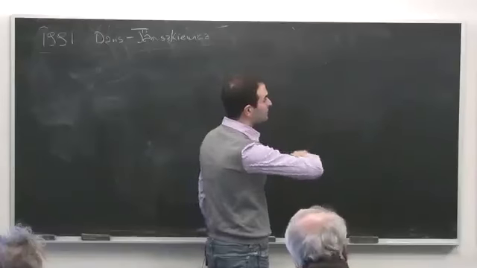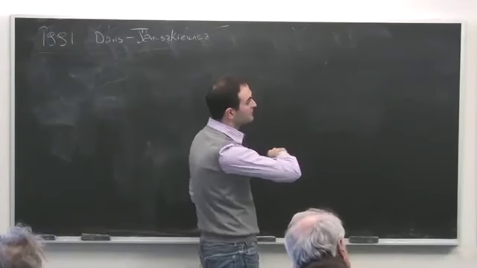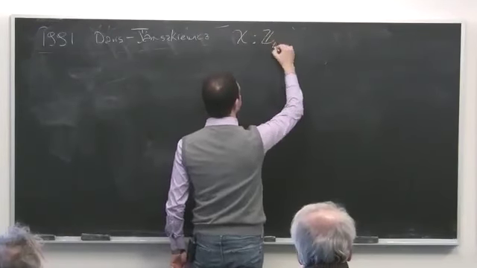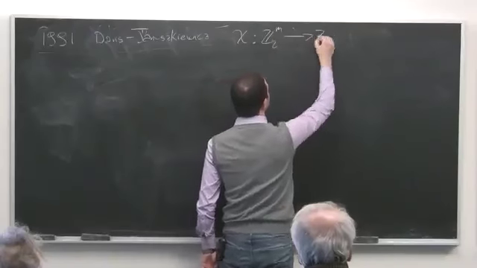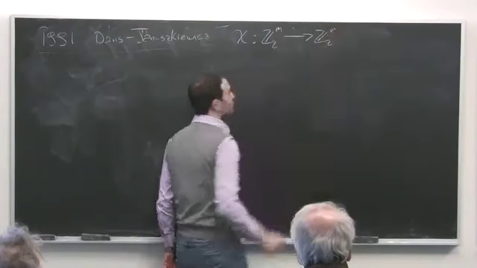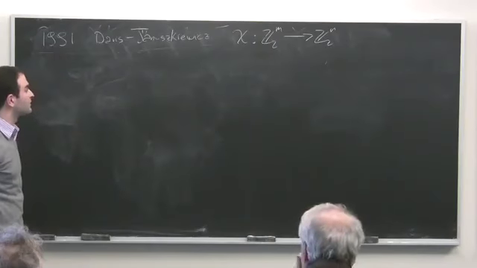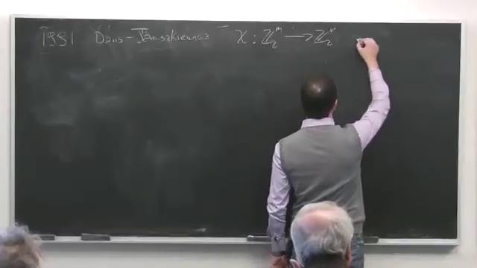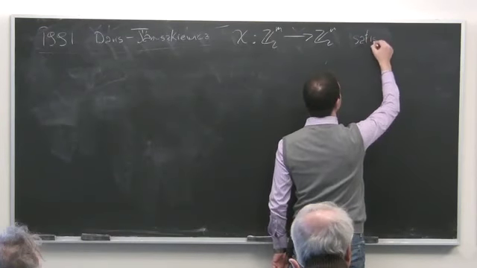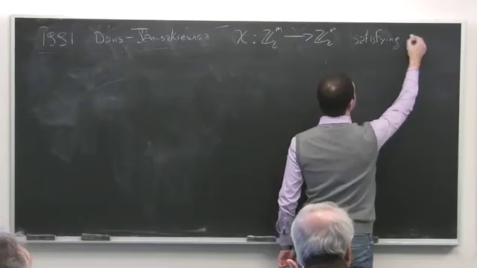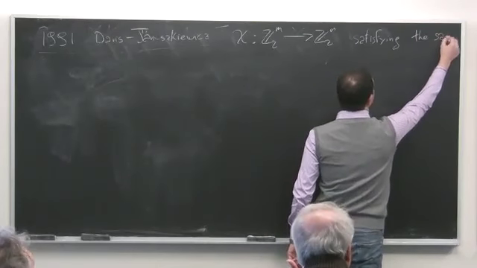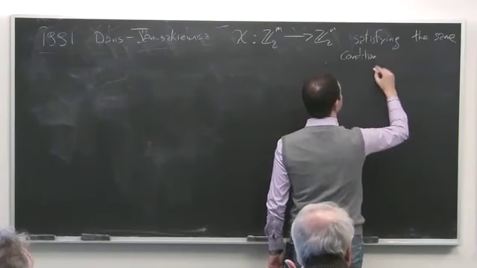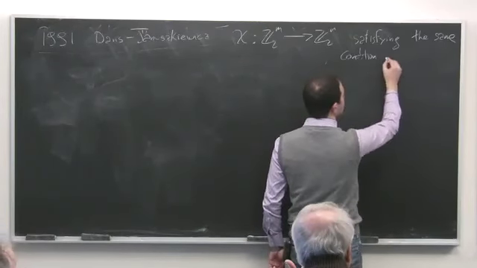Again we start with P^n, a simple polytope with m facets, but now we take a characteristic matrix with coefficients in the field with two elements, mod 2. And this has to satisfy the same condition on the minors.